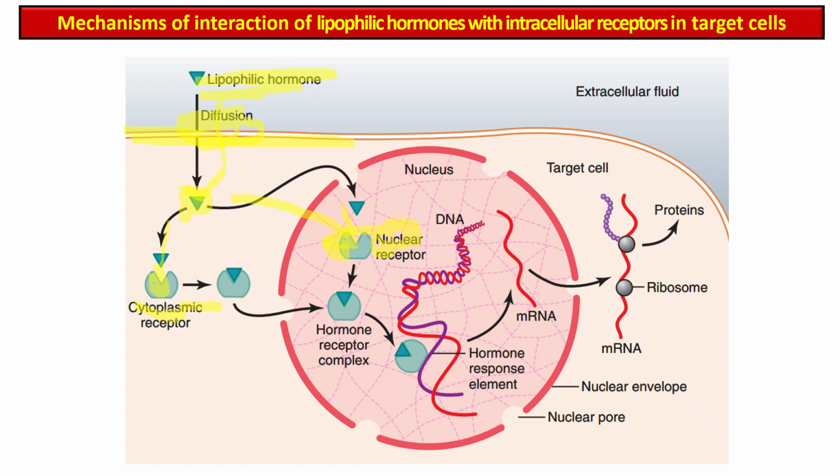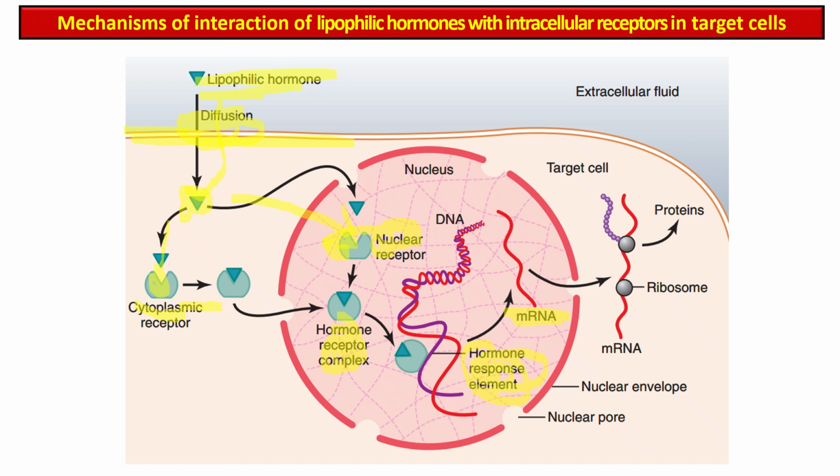Then after the translocation, if the complex is formed in the cytoplasm, it is translocated through the nuclear pore. Inside the nucleus, the complex binds to the hormone response element on the specific DNA sequence, and after that the process of transcription is started.